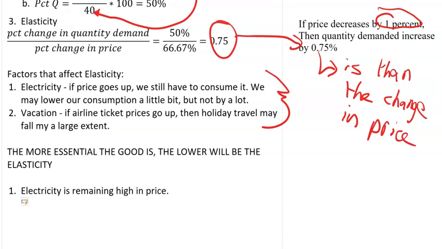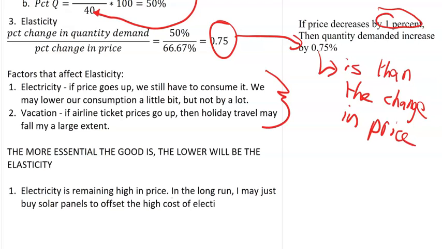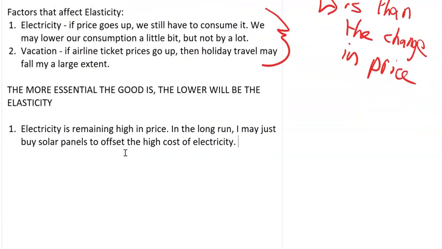Initially, I may just bite the bullet and lower my electric consumption a little bit. But eventually, in the long run, I may buy solar panels to offset the high cost of electricity. So if electricity remains high in price, then in the long run, I would change that.